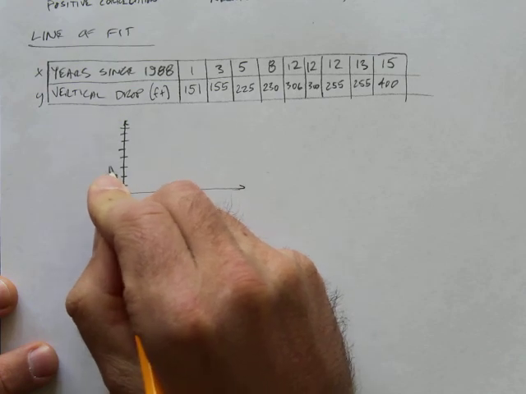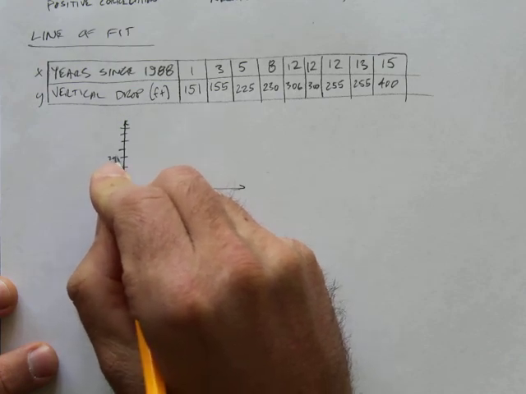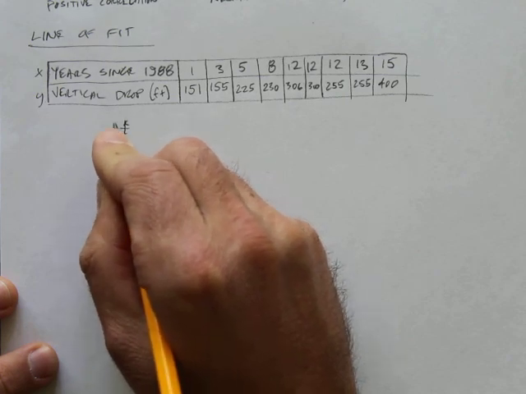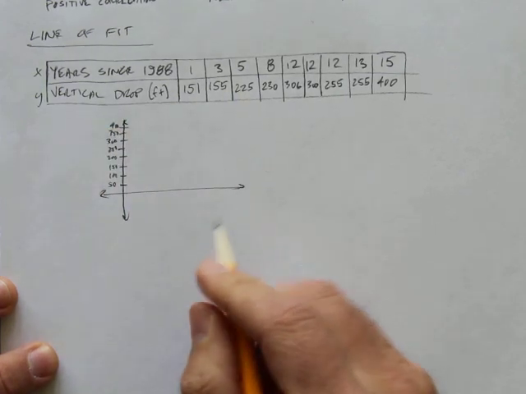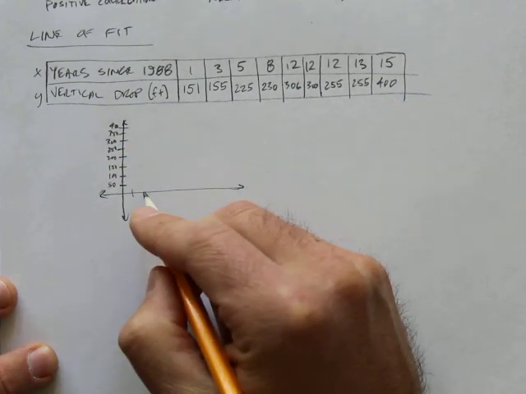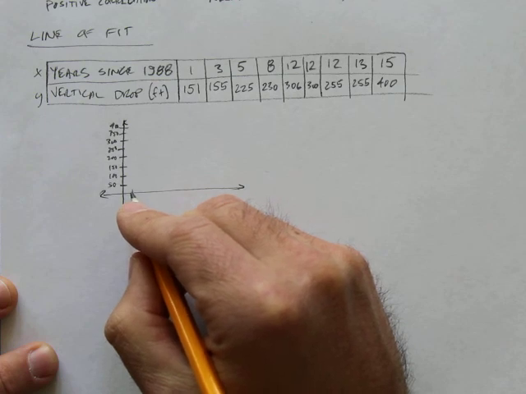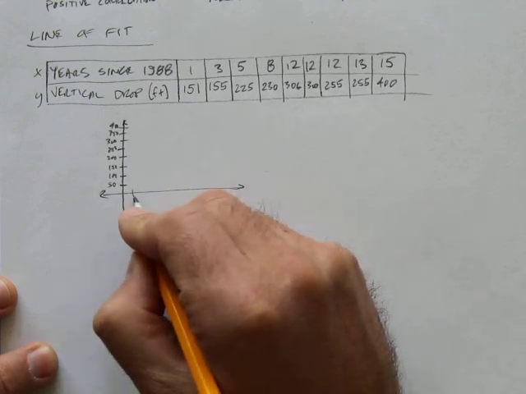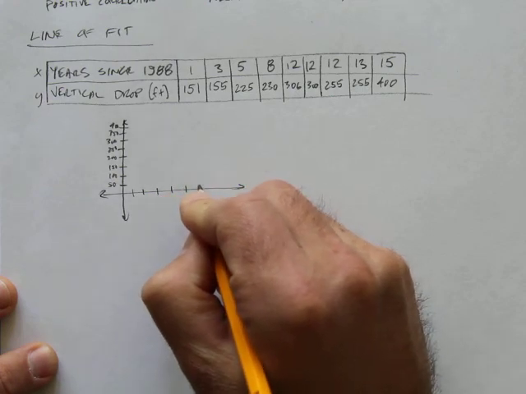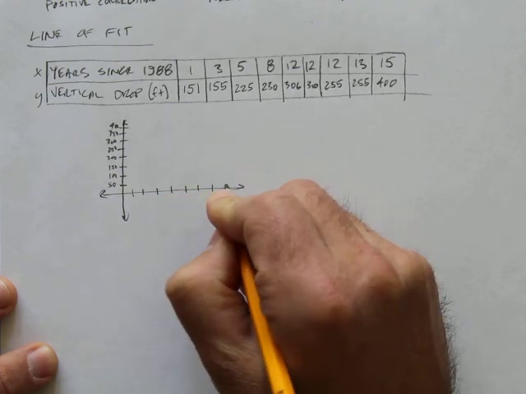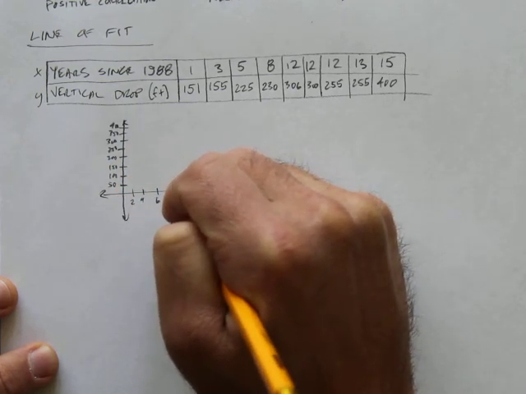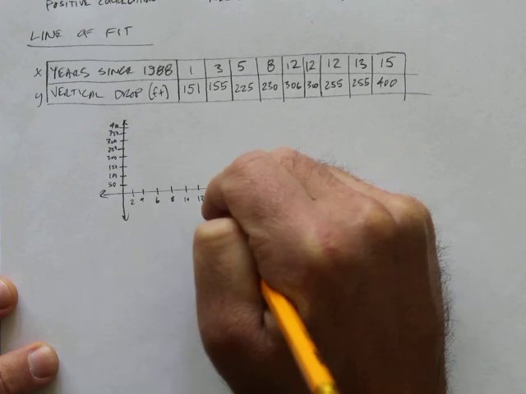And then let's do years on the x-axis, by 2s: 2, 4, 6, 8, 10, 12, 14, 16.